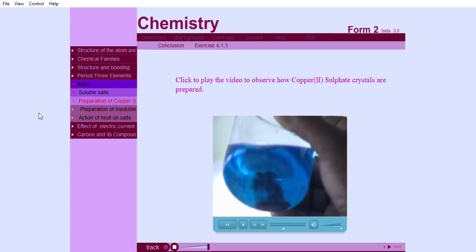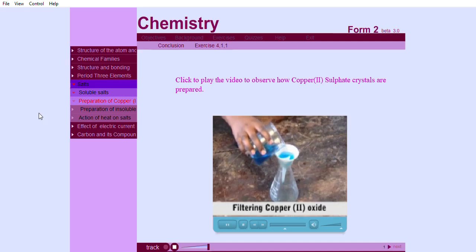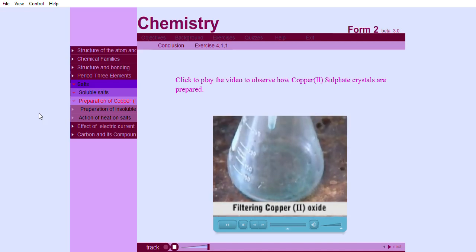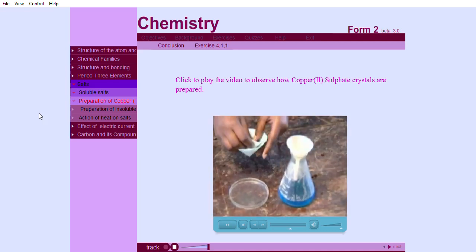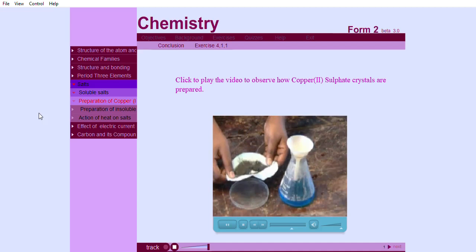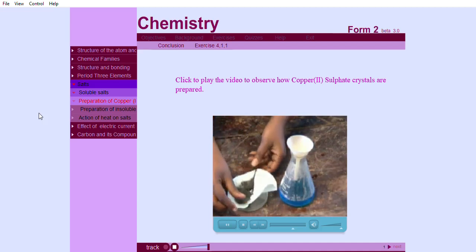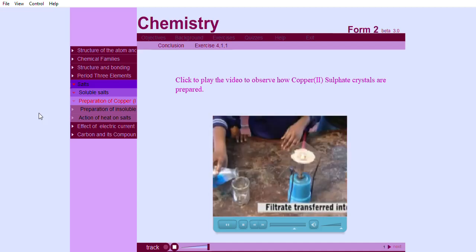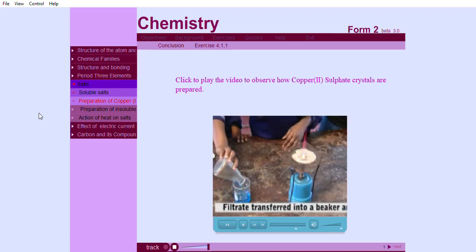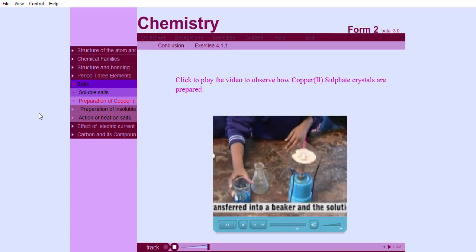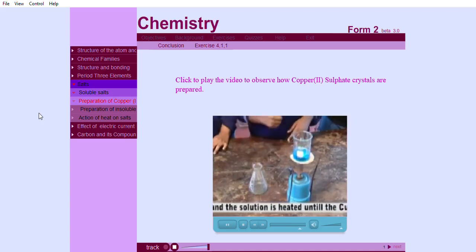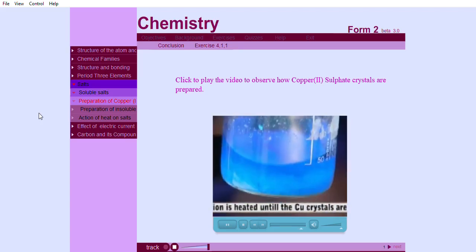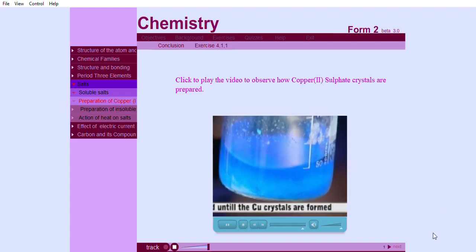The excess copper-2 oxide is filtered and the filtrate transferred into a beaker. The filtrate is heated until it is saturated and allowed to cool to form crystals.